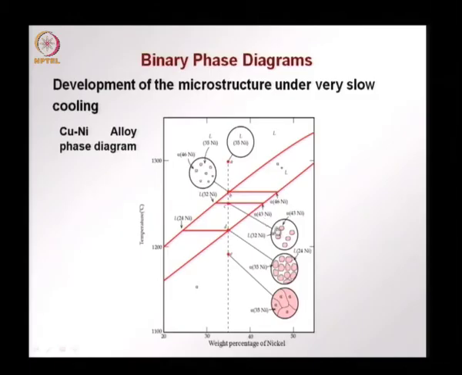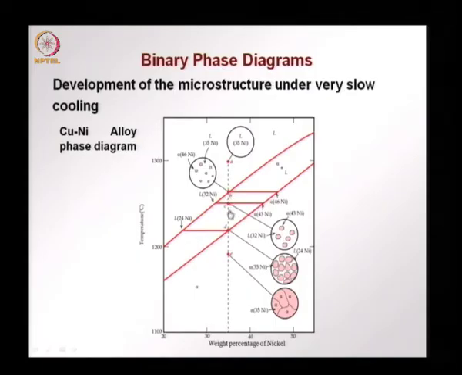So, that means the liquid at this temperature has 32% nickel, the solid phase has 43% nickel. Okay. So, we find that both the liquid and solid phase have decreased in their nickel content from point B to point C.